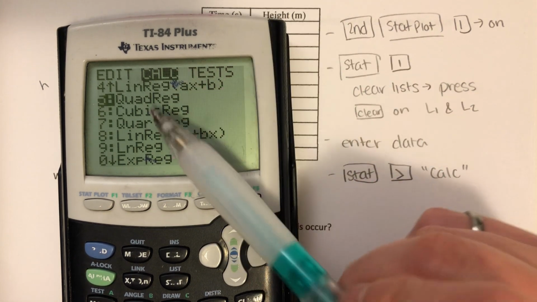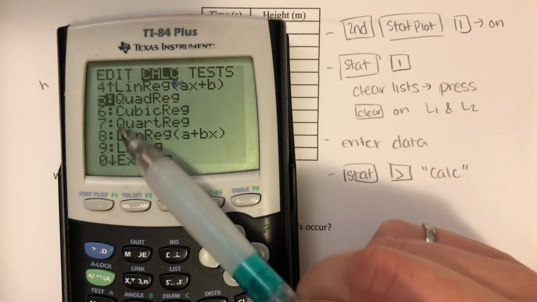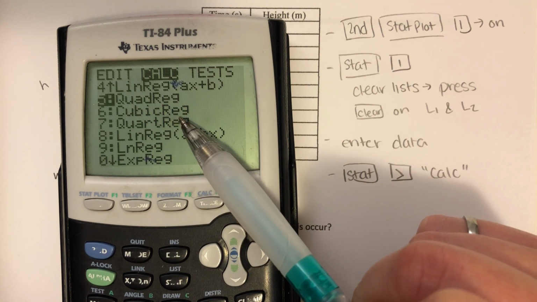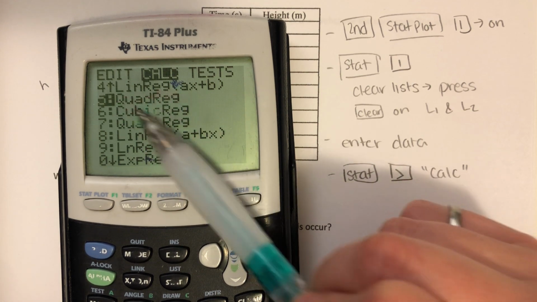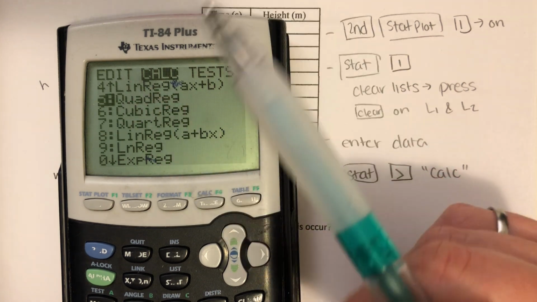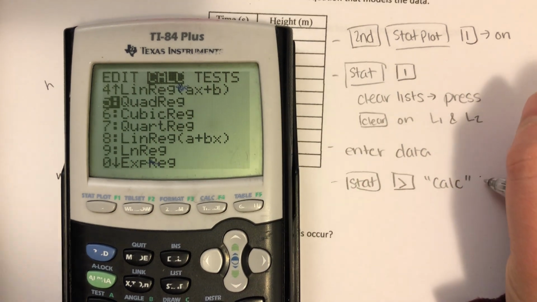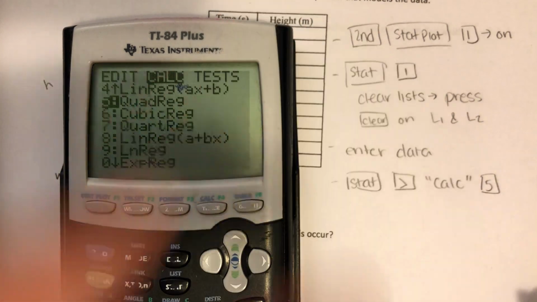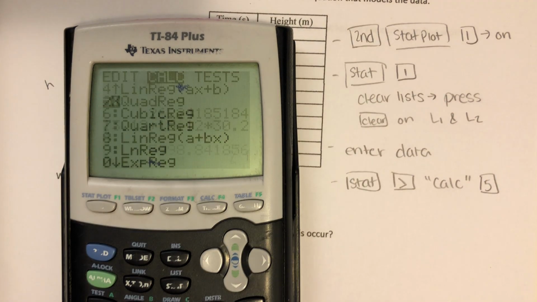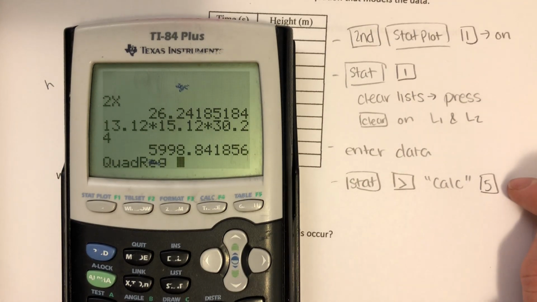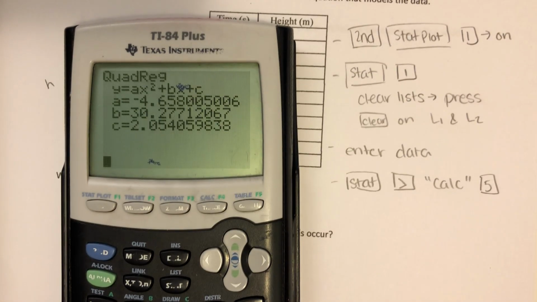Now we need to decide, do we want a quadratic regression? Do we want a cubic regression? We already talked about how this is a quadratic function. It's a parabola. So we're going to use number 5 in this situation to give us a quadratic regression. Okay, and then we're just going to hit enter, and look, it spits out an equation for us.